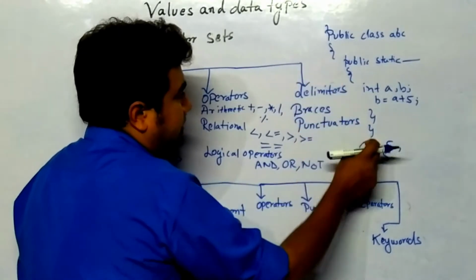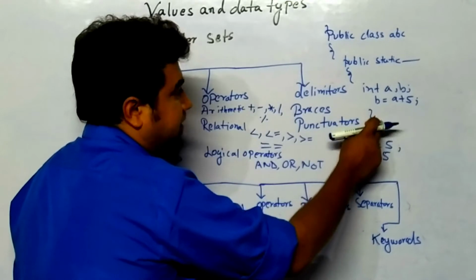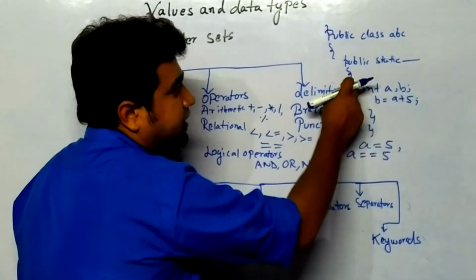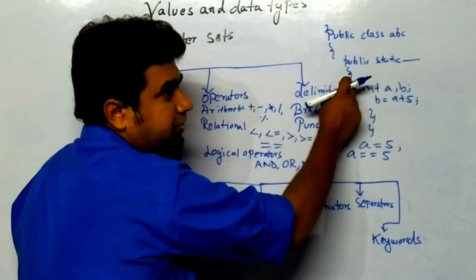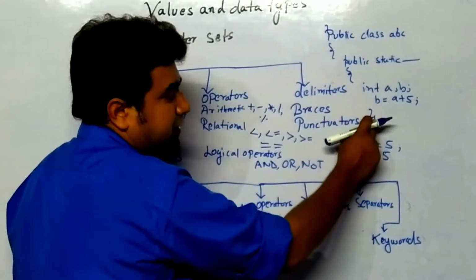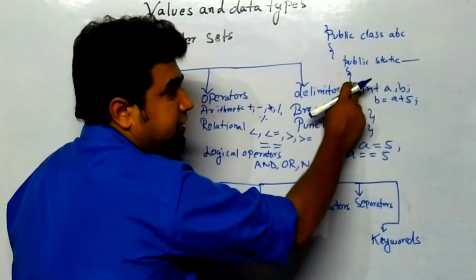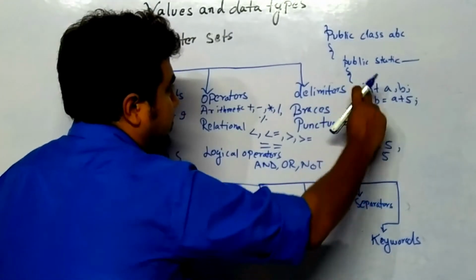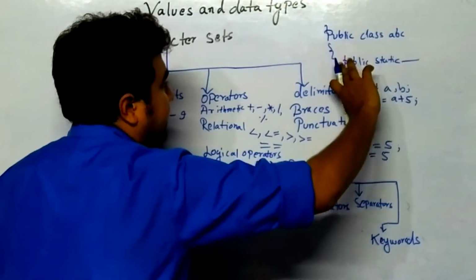See, when you are closing these braces, each is paired with the nearest opened brace. Is it clear? This is opened, this is closed. When you close, it is paired with the nearest open brace. So the boundary of this is this part, and the boundary of this class is the entire part.